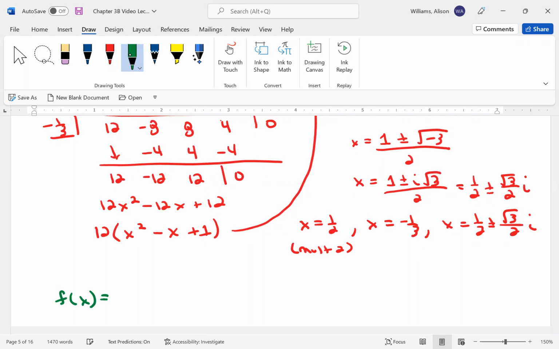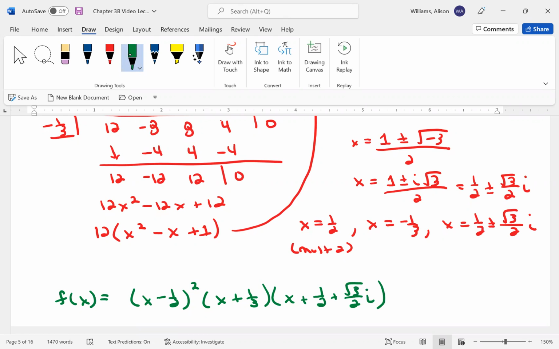So what we had was x minus 1/2 squared, that's the multiplicity of 2, times x plus 1/3 times x, and now here's where it's not going to be so pretty. X, it's going to be plus 1/2 plus radical 3 over 2 i. That's the positive one.